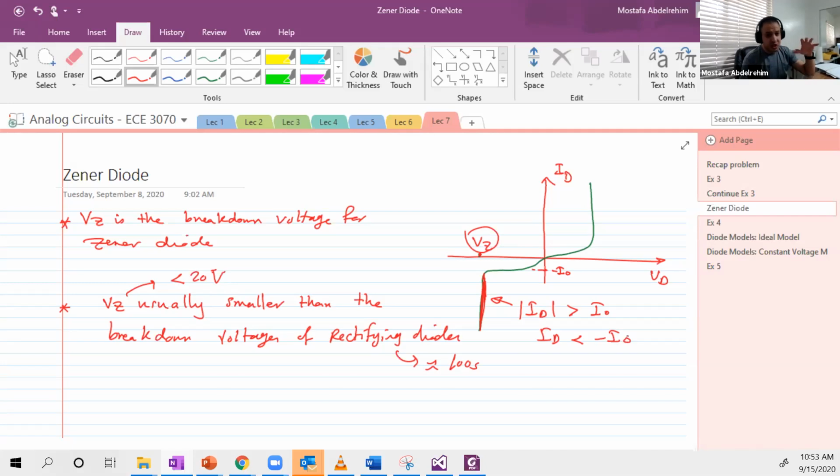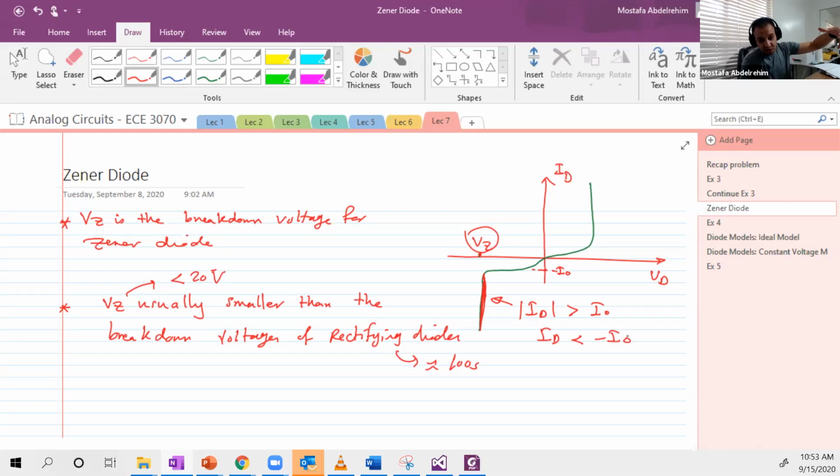The one that I explained is called avalanche breakdown, in which you have a very big reverse voltage, so a very big reverse electric field. That will attract some of the electrons from the atoms, and they go with very fast speed, hitting other atoms.